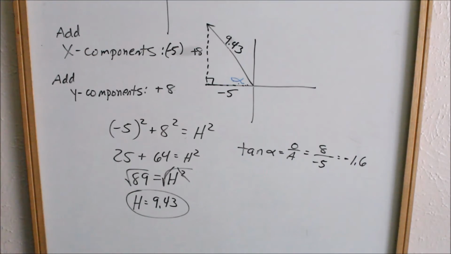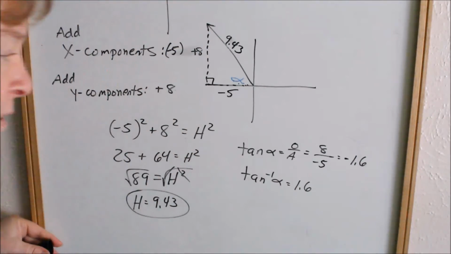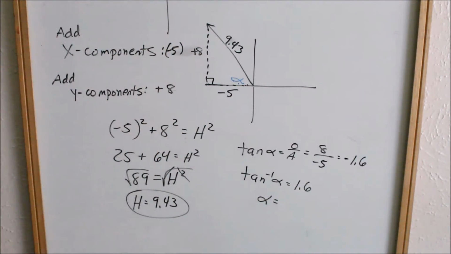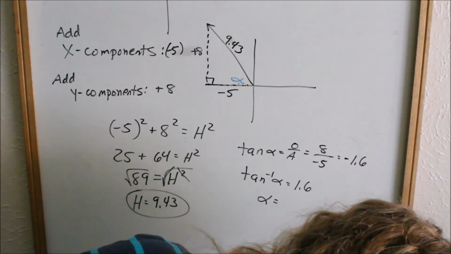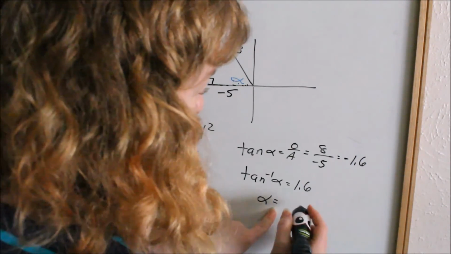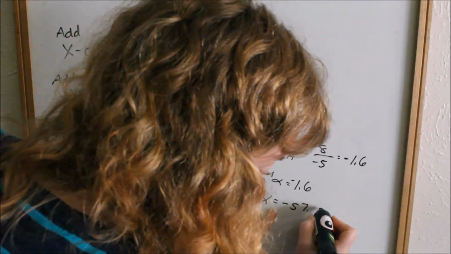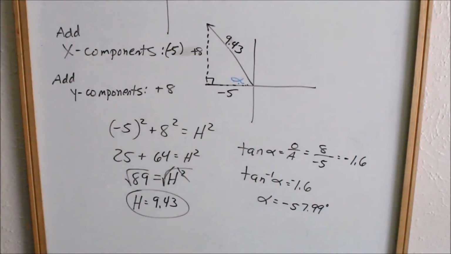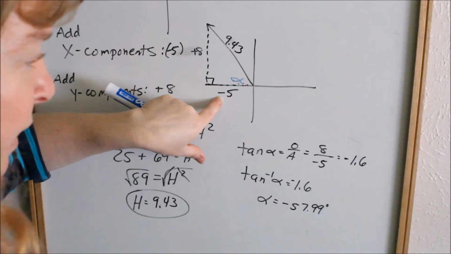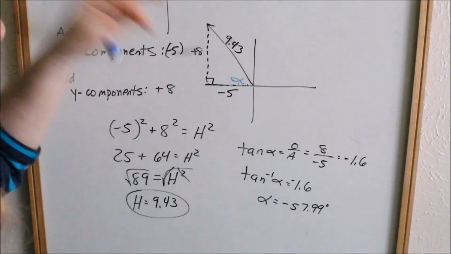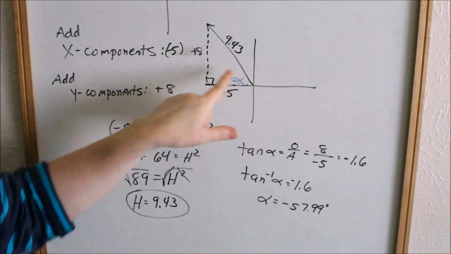So to solve for alpha, you are doing the inverse or the arc tangent of 1.6. So that's when you use your second button, and 1.6. And if you do that, then you end up with a negative 57.99 degrees. Here's the reality: when you're doing tangent, you don't need to use that negative. The negative here just tells you the direction. It just tells me that I started at the origin, I went to the left.